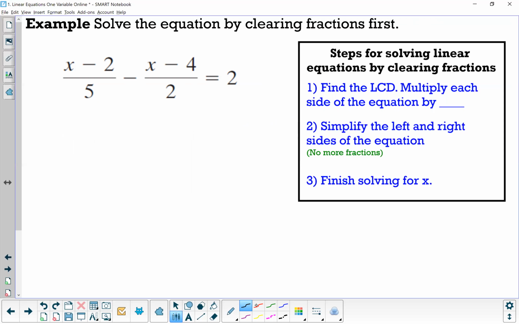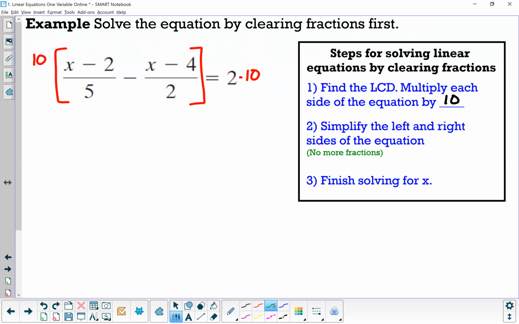What I'm going to do is proceed as normal and find my LCD. I have two denominators, 5 and 2, so the LCD is 10. And I'm going to multiply the left side by 10 and the right side by 10.